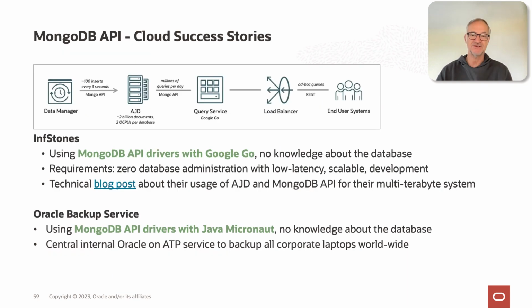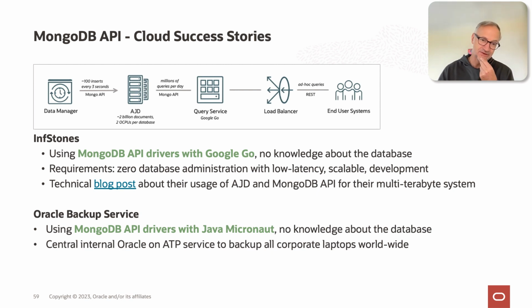We have other customers that started off working against the managed database without even knowing that it is a relational system, right? Infstones started to develop with MongoDB API drivers, Google Go. When we talked with them for the first time and threw out database lingo, they didn't even know what we were talking about because they were not aware of what they were working against, which was pretty funny. And we're eating our own dog food, right?